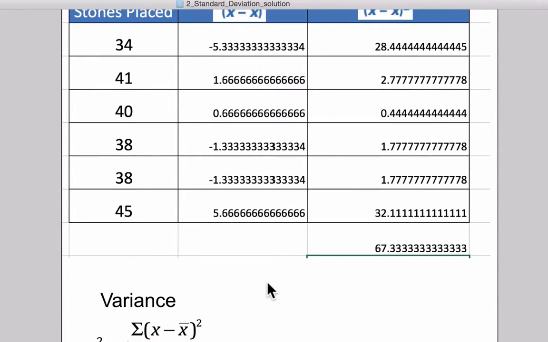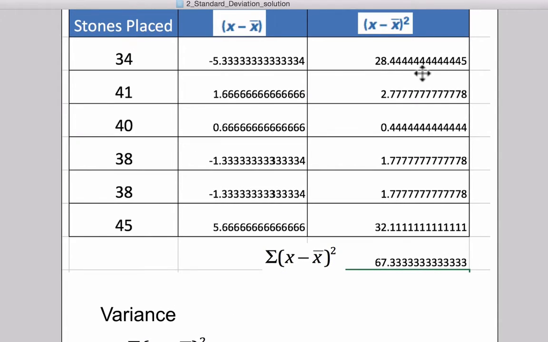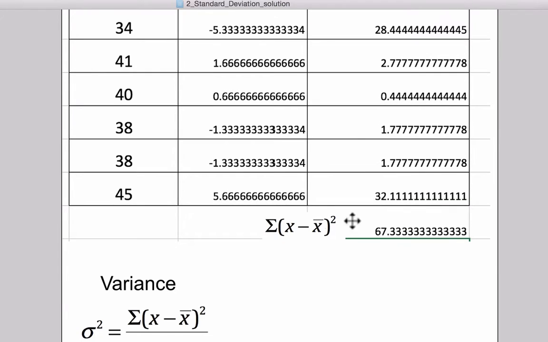Down here we have taken the sum, so the 67.3 repeating is the sum of all the data values minus the mean squared. So this column is all the data values minus the mean squared, and when we add these all up, this is our result. That's what that is doing.